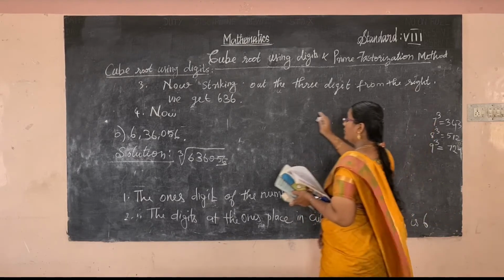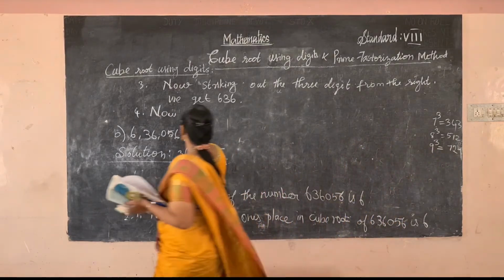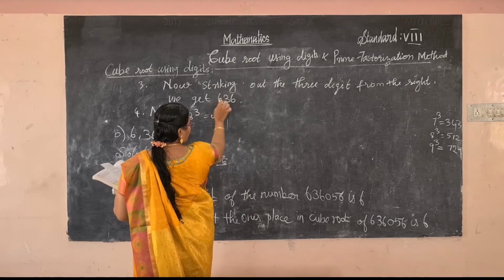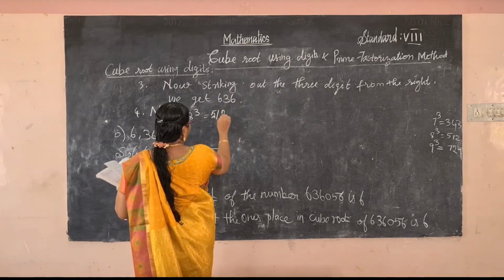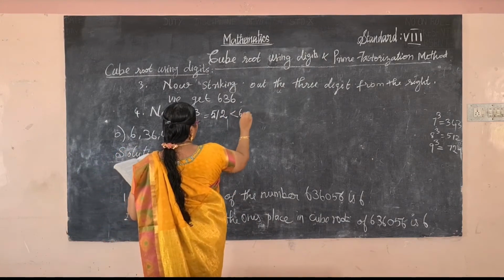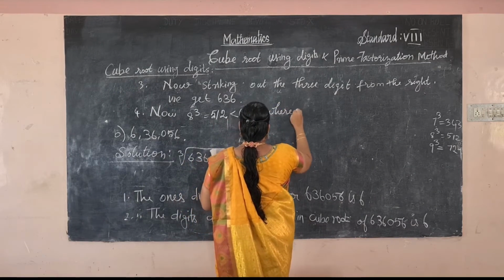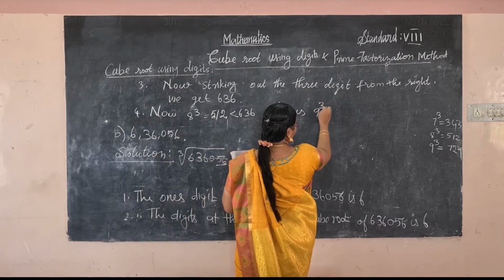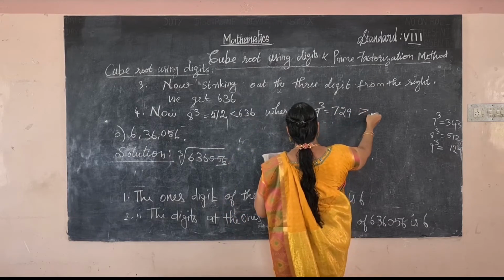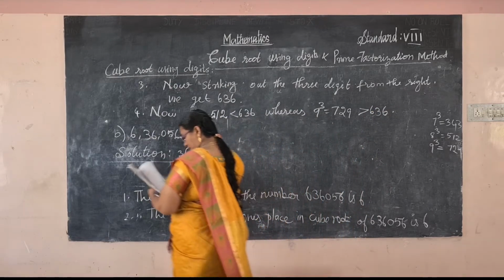Check how many cubes in 636. So 8 cube is 512, and 512 is less than 636, whereas 9 cube is 729, which is greater than 636.